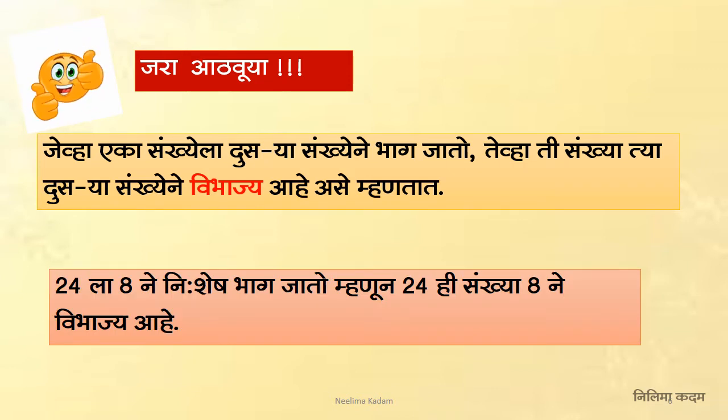So, similarly, 24 divided by 8. Now, 24 is divisible by 8 and the remainder is 0. And therefore, we can say that 24 is divisible by 8. Only when the remainder is 0, then only we can say that the particular number is divisible by another number. Okay?